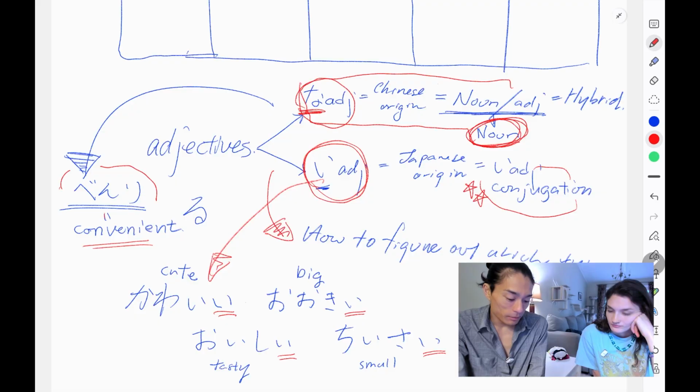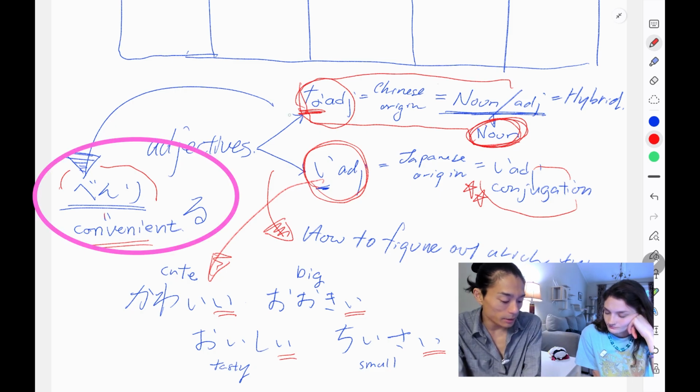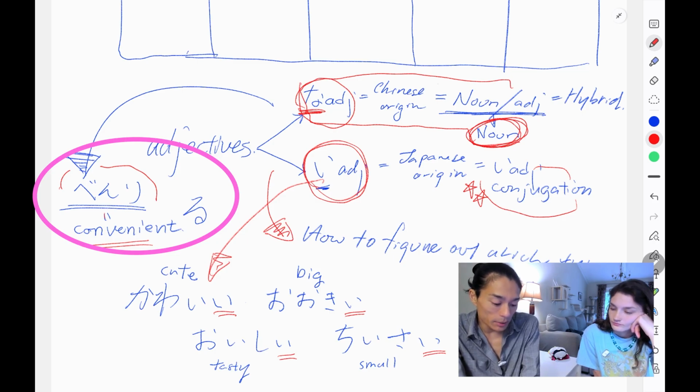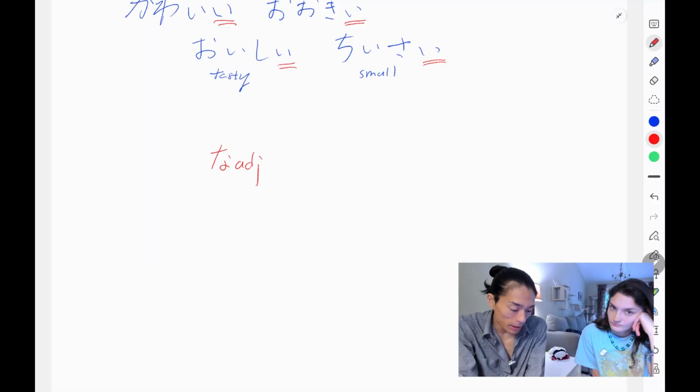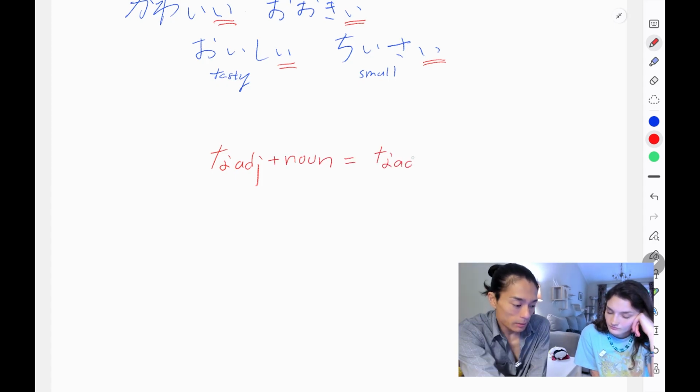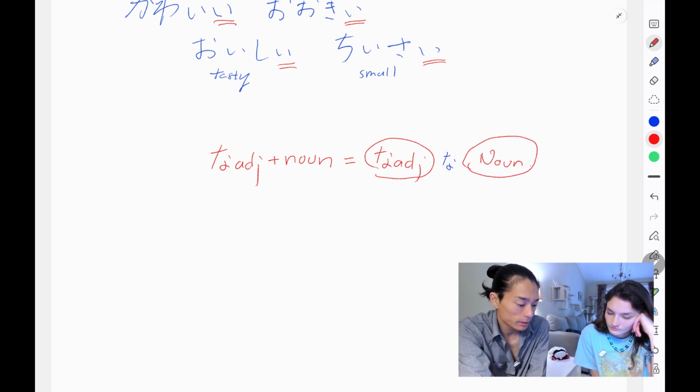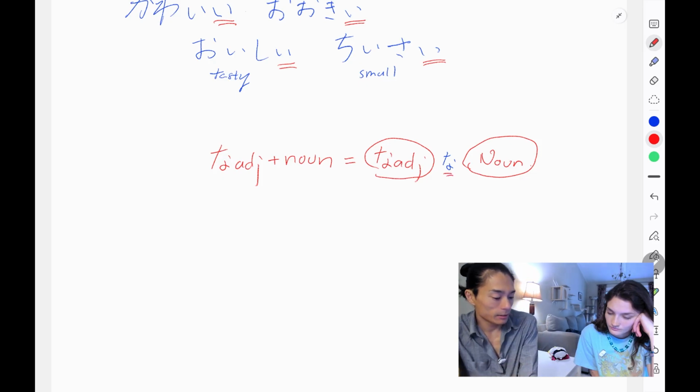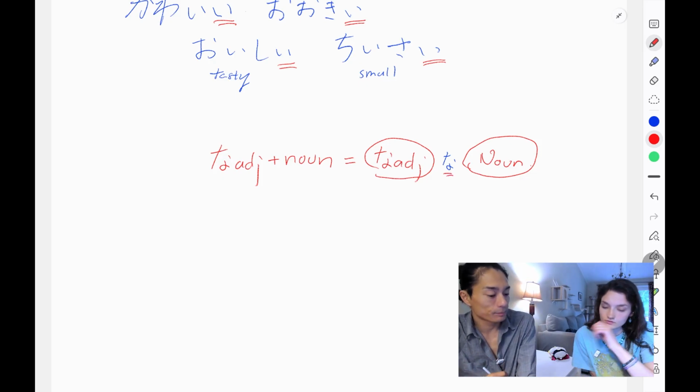Na-adjectives. For example, we covered that benri is a na-adjective and it means convenient. But it doesn't have na in its spelling. Why is it called a na-adjective? It's because when we want to connect an adjective to a noun, we add na right after the adjective, and then the noun you want to connect.